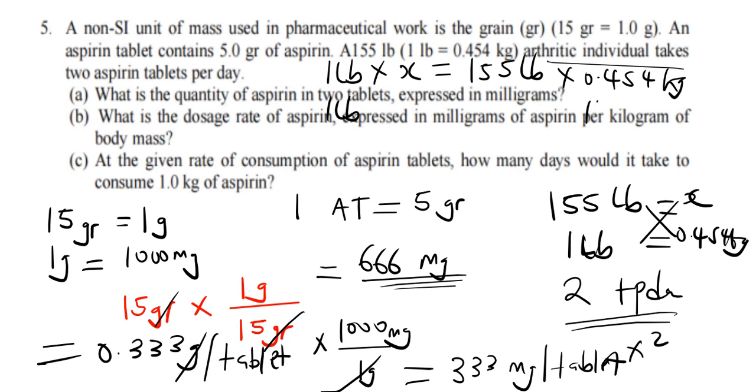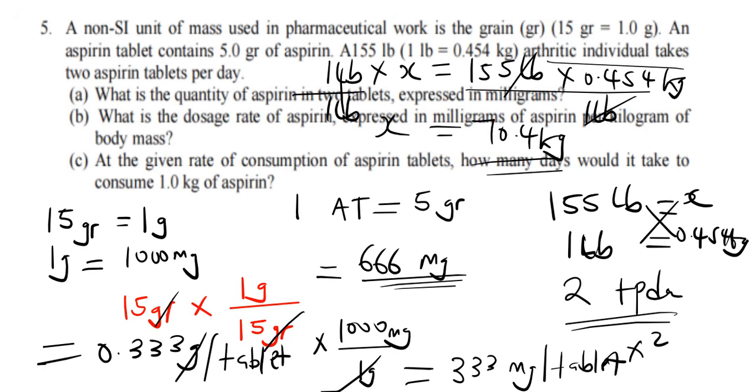Then x will be equal to, the lb and the lb are going to cancel, 155 multiplied by 0.454 kgs. When I multiply that, I'm getting 70.4 kgs. Okay, so that is what I have in terms of that.